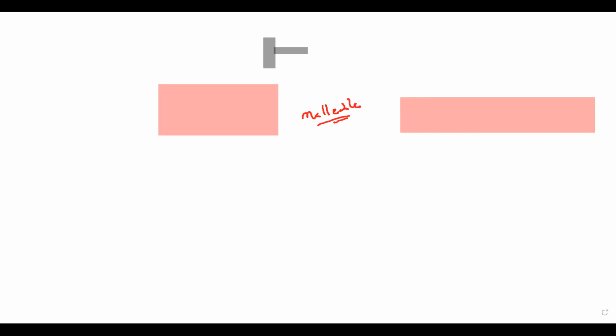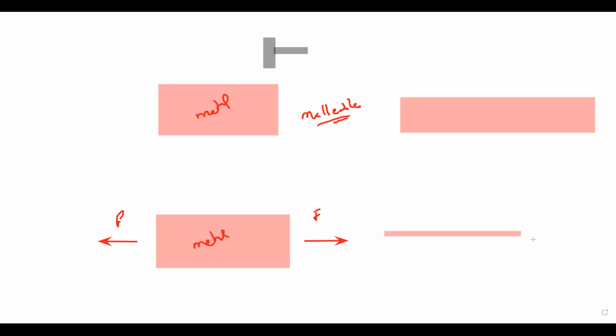But what is ductile? Ductile means you can stretch them into wire. For example, this is a metal. By applying a force, you can draw it into wire, like you make it thin and make a wire.